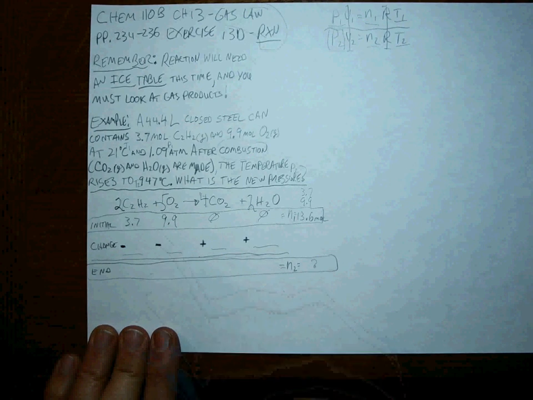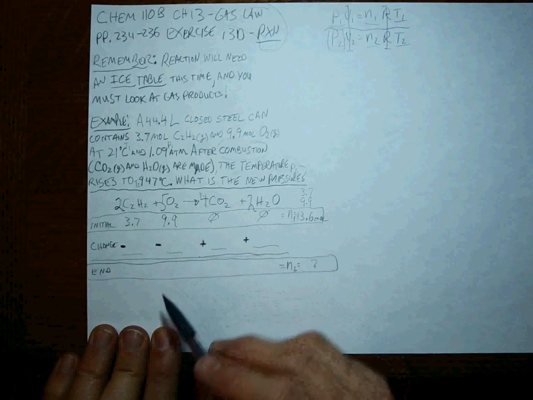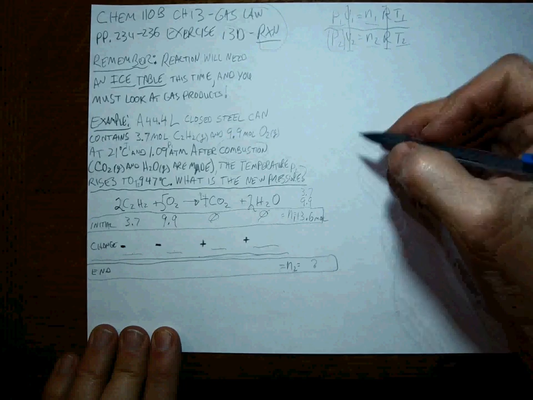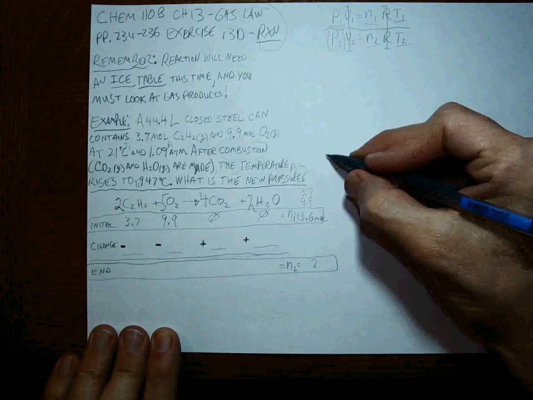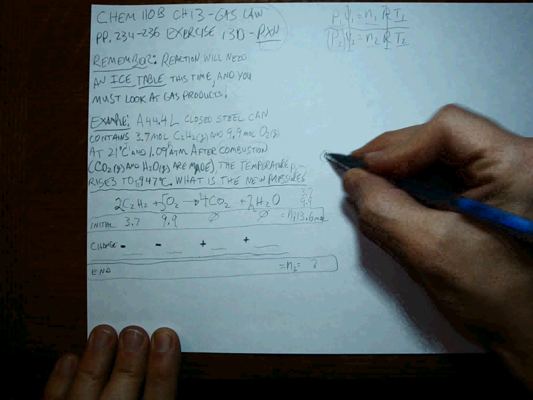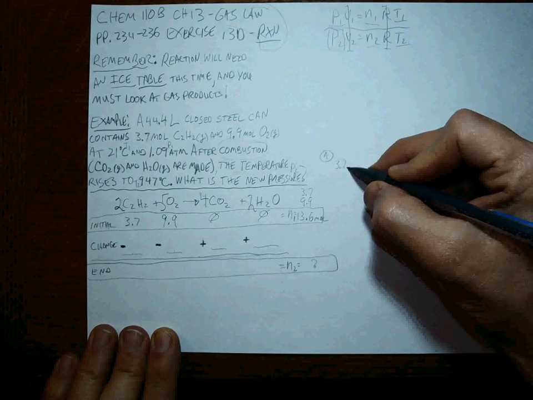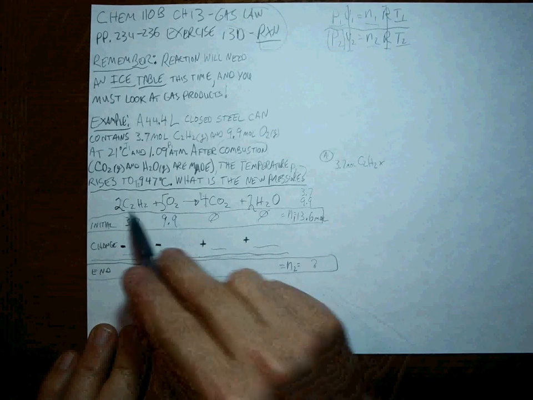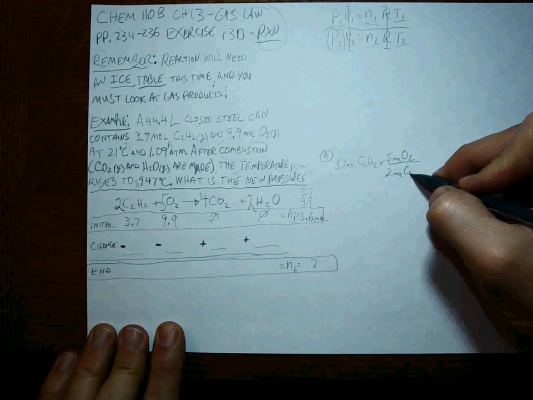It's all about figuring out what the limiting reagent is. Okay, because once you figure out what the limiting reagent is, that will tell you the changes, using that number. Alright, so we're going to do them over here. 3.7. This is an A calculation. We'll do A or B. 3.7 moles of C2H2. And we're going to look at the 5:2 ratio.